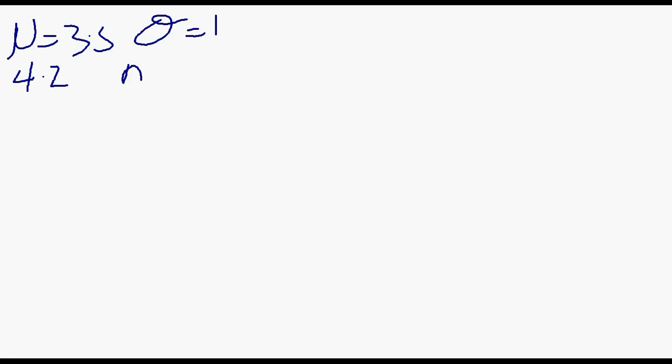So according to the passage, they've given us a population mean of 3.5, sorry, and a standard deviation of 1. And then a sample mean of, and then the number that was selected was 25.